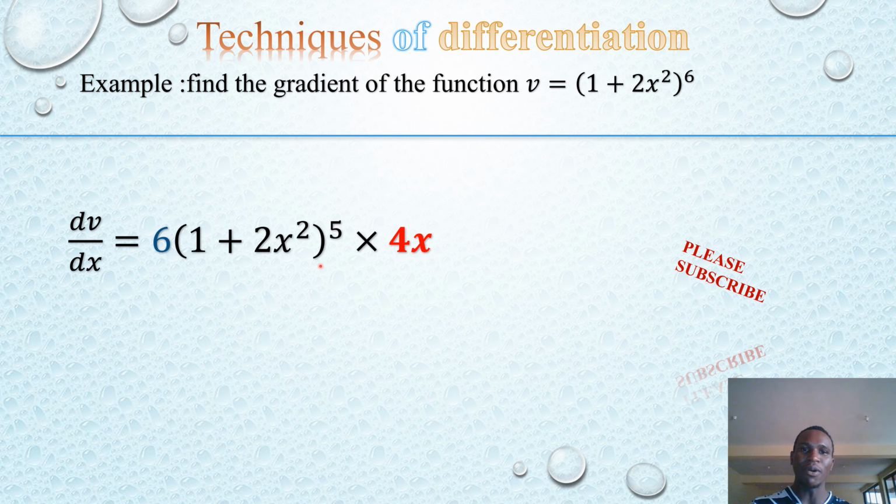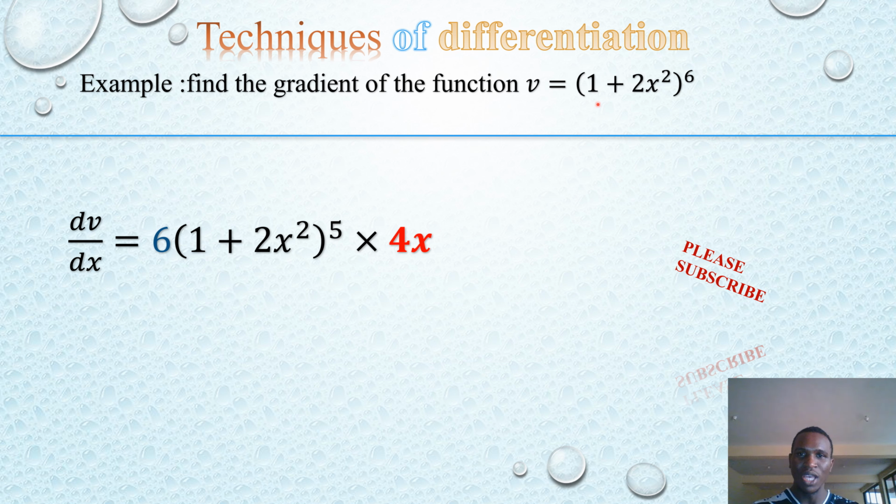So apply the power rule again. I copy the power 6, as you can see, I copy it here. Then I reduce it now by 1. The same function, copy everything. You reduce the power by 1. 6 minus 1 is 5. That's the new power of the function.